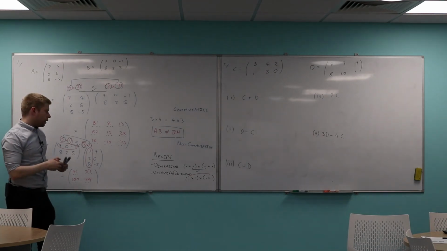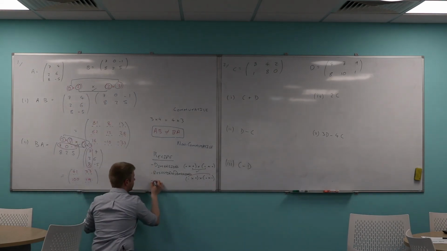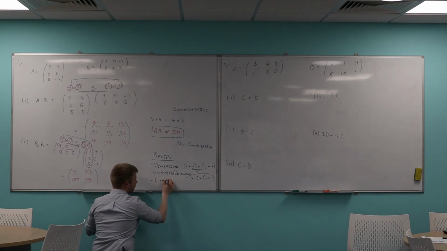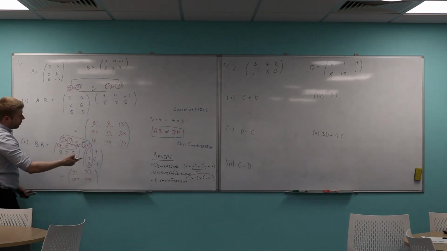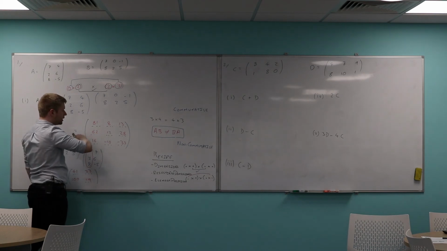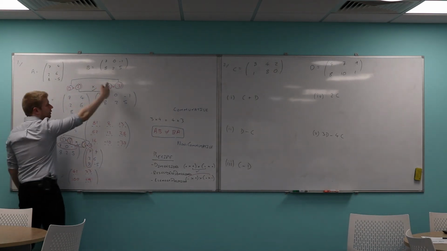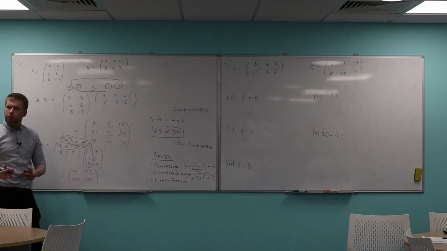Then we go through and we find the corresponding elements. We look at the position in which each element is found. For example, let's go with this element here, right in the middle. It would be second row and second column, which means that we use the second row and second column from each of the corresponding matrices.